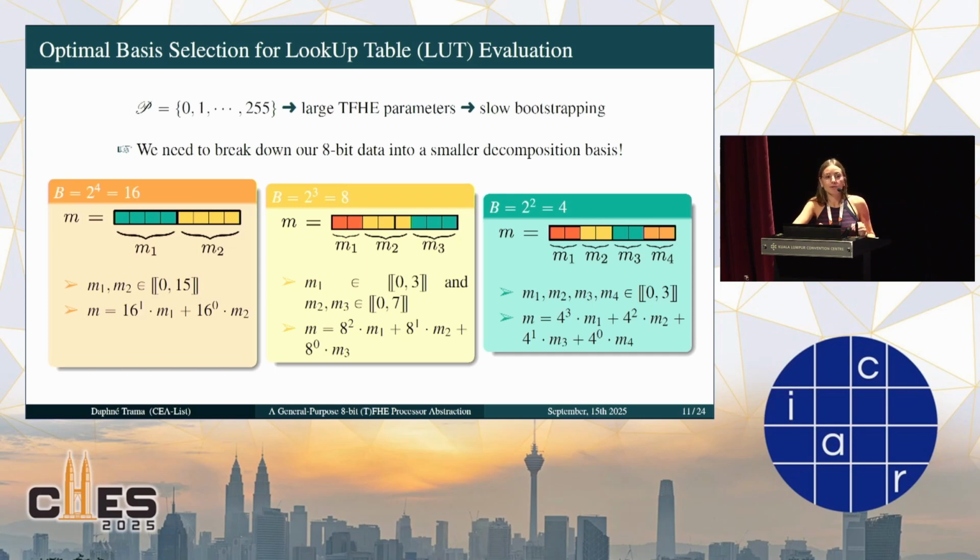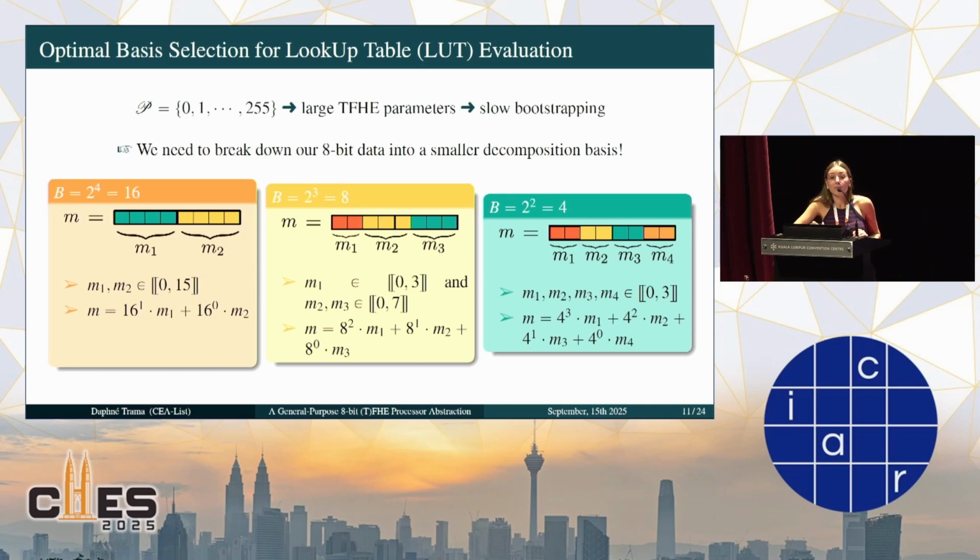And of course, the smaller the decomposition basis, the smaller the parameter, and thus the faster the operation. But on the other hand, the smaller the decomposition basis, the larger the number of digits in the decomposition, and thus the greater the number of operations to perform to recover an 8-bit value.